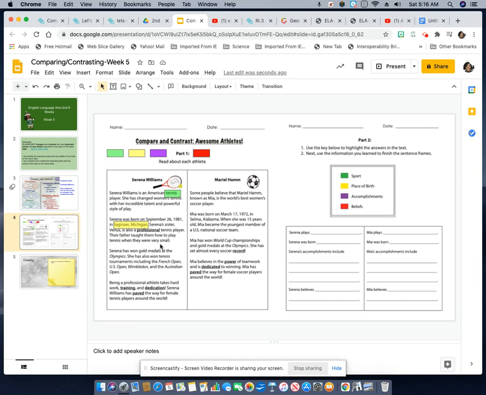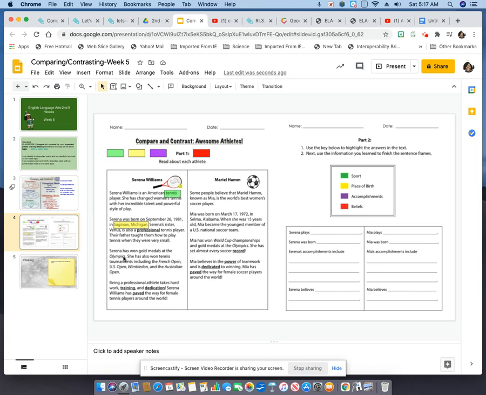Serena's sister, Venus, is also a professional tennis player. Their father taught them how to play tennis when they were very small. That word professional means that she actually wins money when she competes with other players.